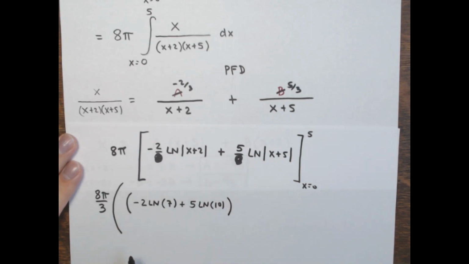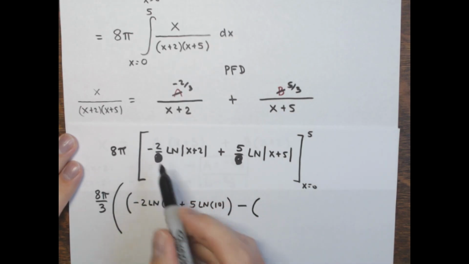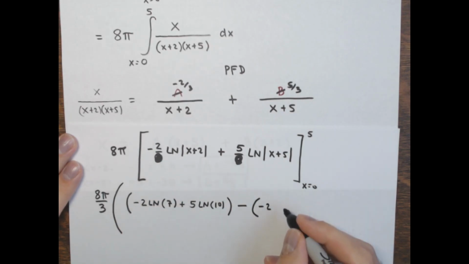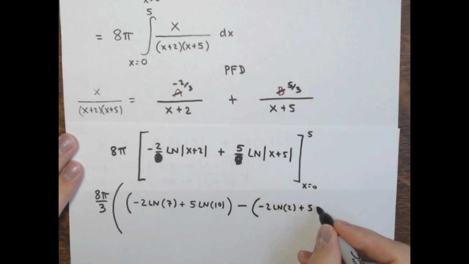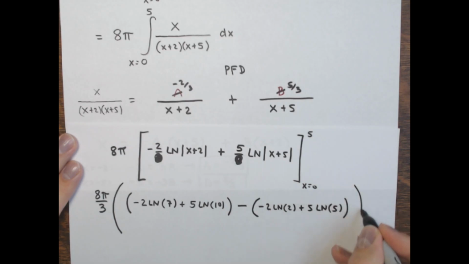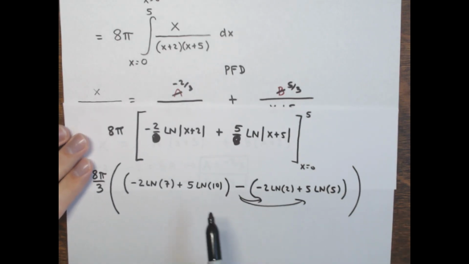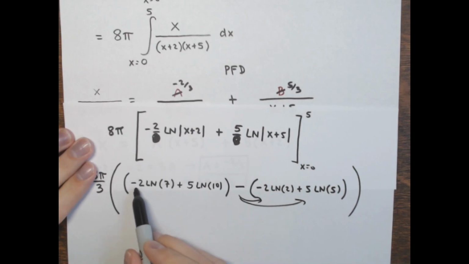So that's the value at 5, minus, and then the value at 0. We have -2 times the natural log of 2, and then plus 5 times the natural log of 5. And I'm going to be distributing the negative here. We're subtracting all that.